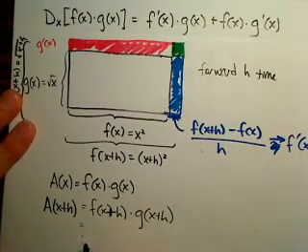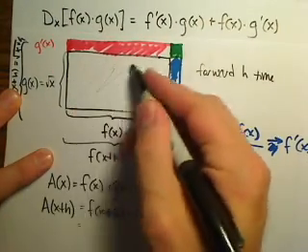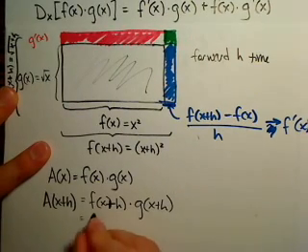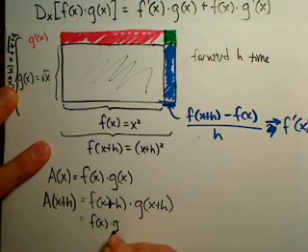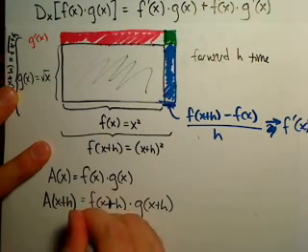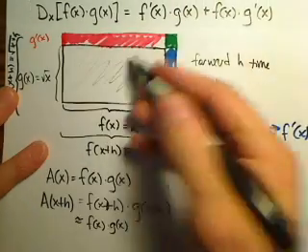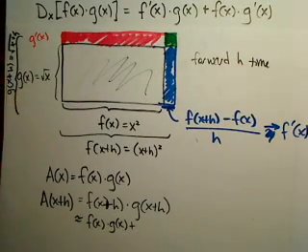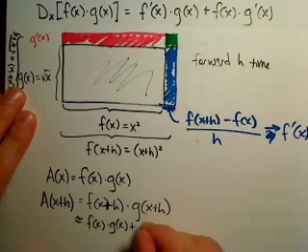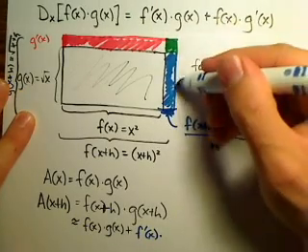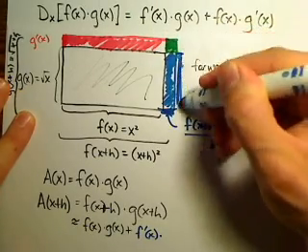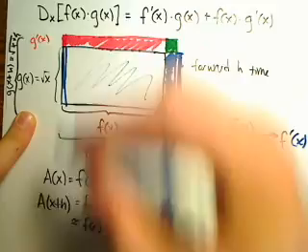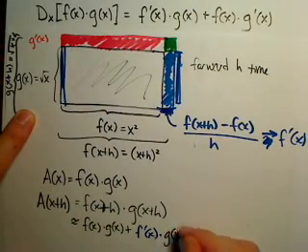But really, that is this black area in here, which was that original f times g of x. I'll put it about equals for the moment, that inside area, plus the blue area, which is approximately f prime of x times that horizontal, times that height, which I'm stopping there, which was the original g of x.